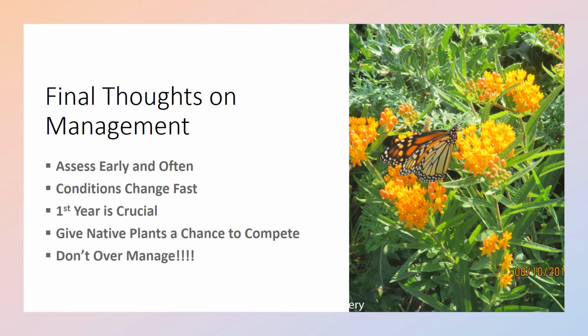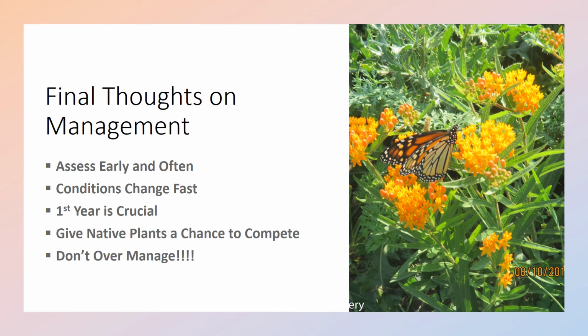So if you look at this photograph here, you got a beautiful butterfly weed, the monarch on it. In the background there, you can see a Canada thistle plant. So in this situation, it's not worth trying to control that one thistle plant there when you already have native plants growing all around it.